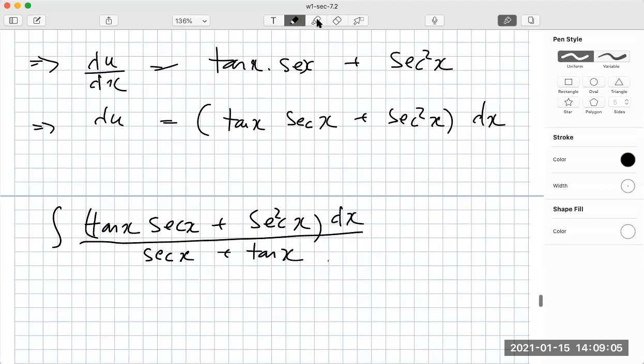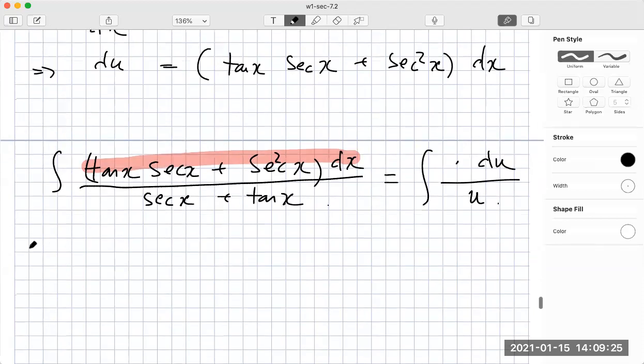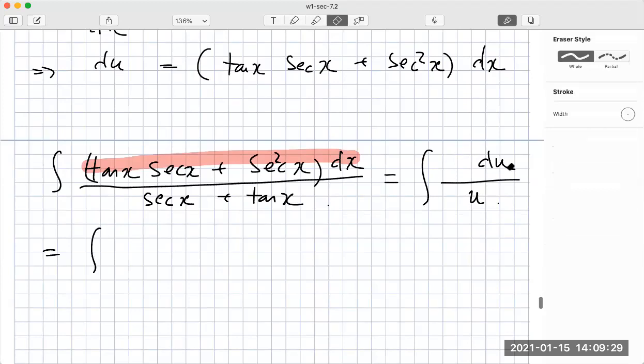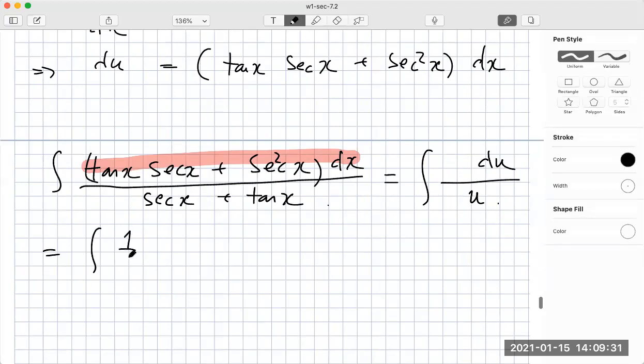So the whole thing here we can replace by du, right? The denominator, we redefine it and it is u. Okay. Now it becomes integral of 1 over u, and you can always write it this way. This is du over u, or we can write it 1 over u du.